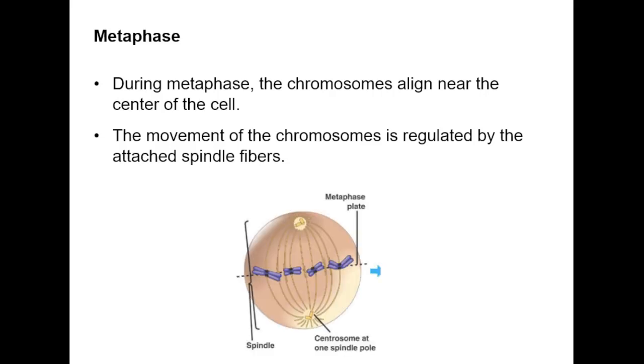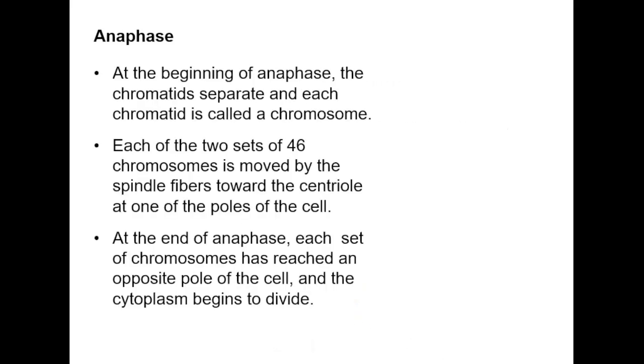As seen in this image, we see that the chromosomes are already at the center, and we see that the centrioles are already at opposite ends with their spindle fibers attached to the kinetochore of each sister chromatid.